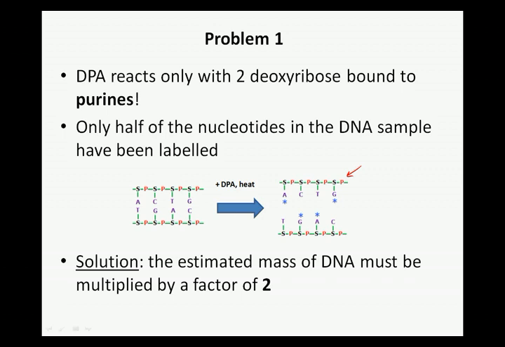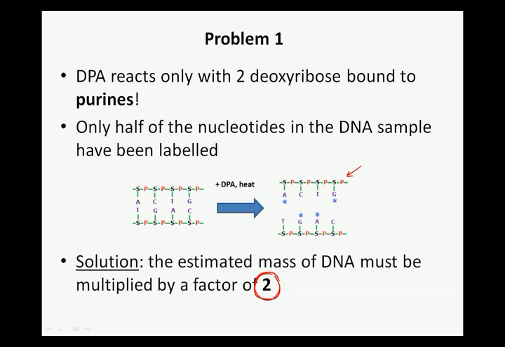But in any case, in DNA, 2-deoxyribose reacts only with half of these nucleosides. So in order to make the masses comparable, the estimated mass of DNA that you get from the standard curve has to be multiplied by a factor of 2, which accounts for exactly what we just said.